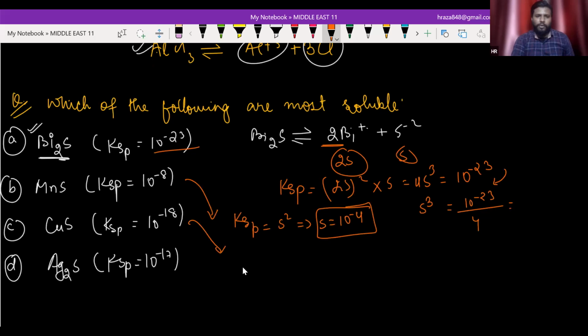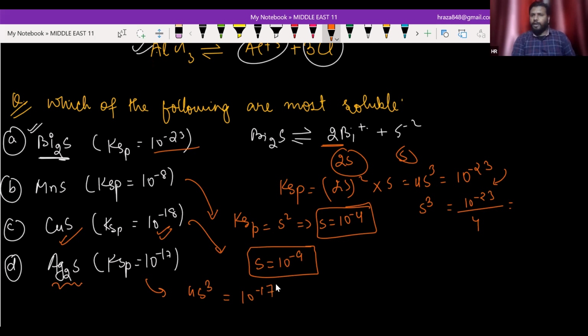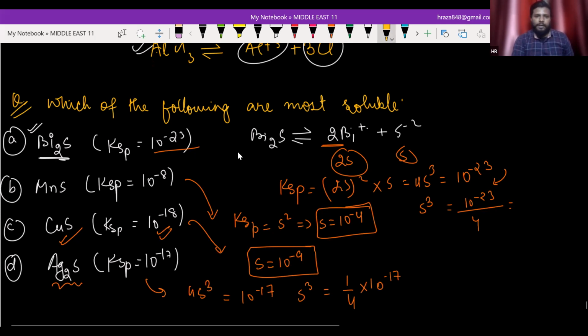Now again, if you are going for this, s will be equal to under root of Ksp, because it has only 2 ions with stoichiometric coefficients 1 and 1, and it will have value 10 raised to the power -9. Again, if you are going for this, now this will become basically 4s cube, and it will be equal to 10 raised to the power -17, so it will be equal to 1 by 4 into 10 raised to the power -17.